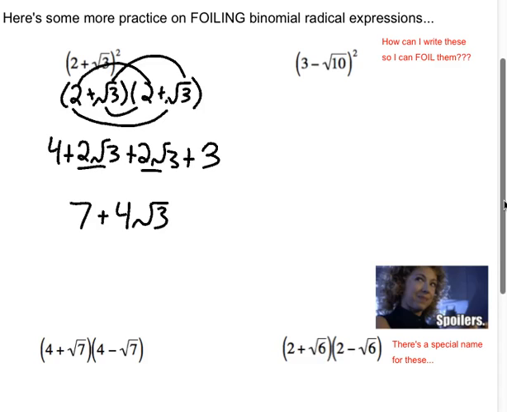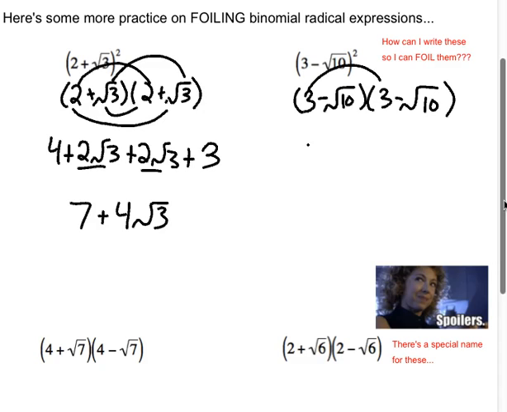I just need you to for sure remember to write both of them out separately, and then you can see the foiling process happening. Just like this one, I'm going to write it out twice because it's squared. And now you can use the foiling process.